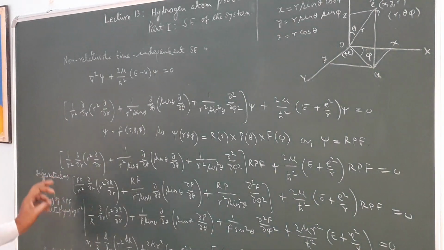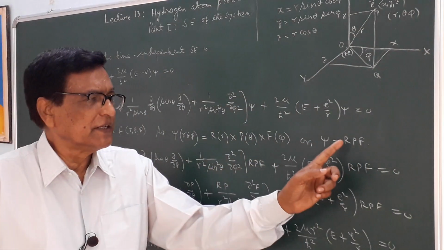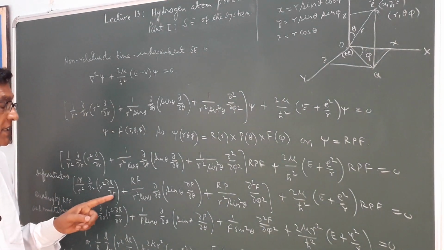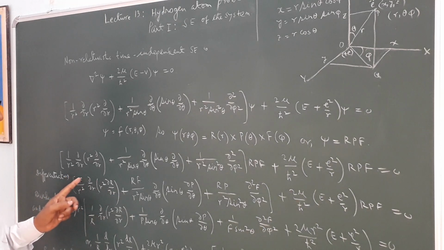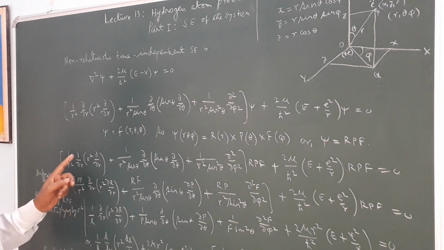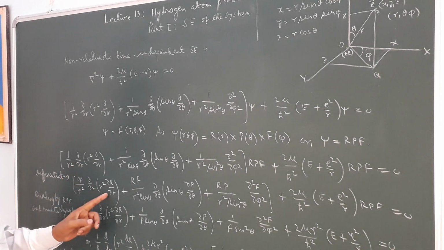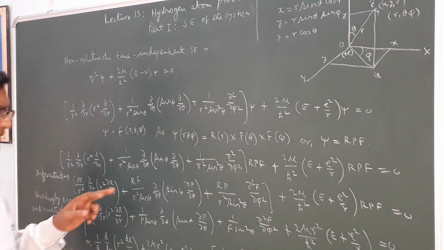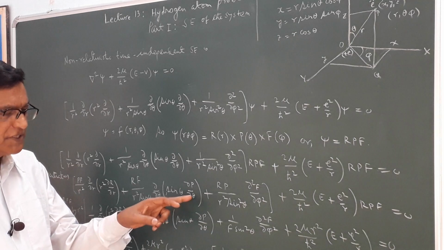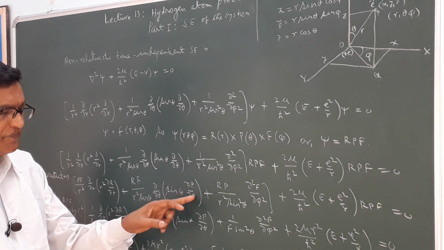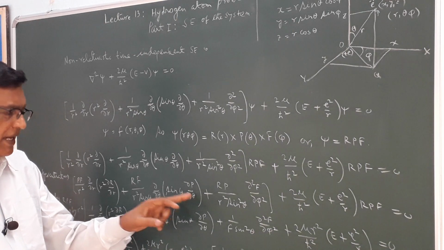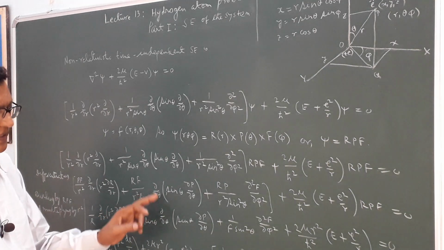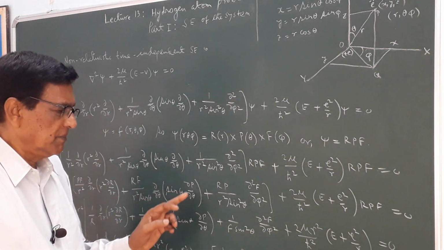Since R, P, F are independent of each other, when differentiating with respect to the radial distance, PF remains constant, and we have PF by r square del by del r, and this one remains the same, and here R is differentiated with respect to small r. In this case also, when differentiating with respect to theta, P only depends on theta, and RF is constant, and RF is written here, r square sin theta, and here del P by del theta.